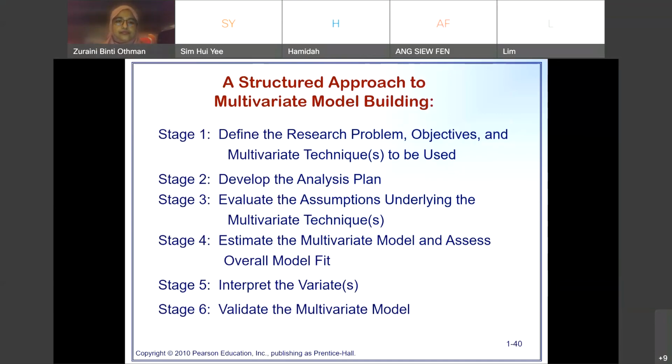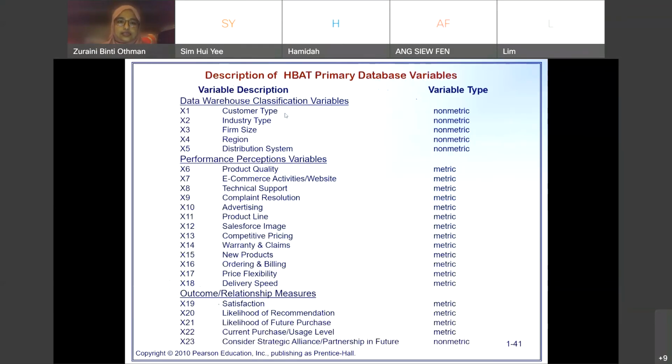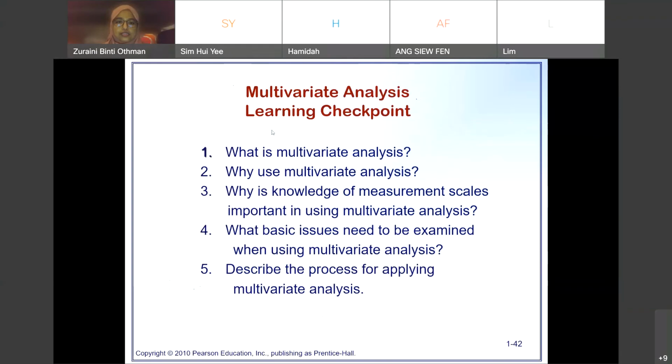Okay. Then this is the example. Okay, this is the data. You know the data here. You have to know your data. Okay, this is the variable description and this is the variable type. Then this is the multivariate analysis checkpoint.